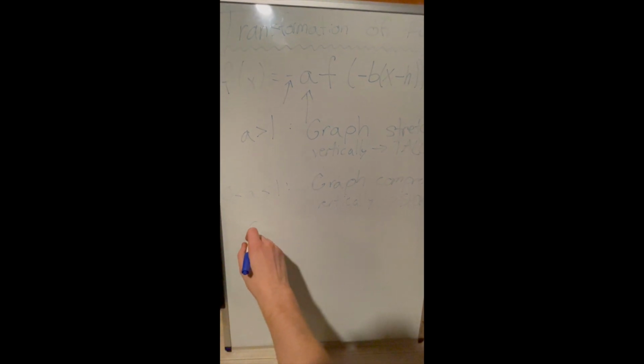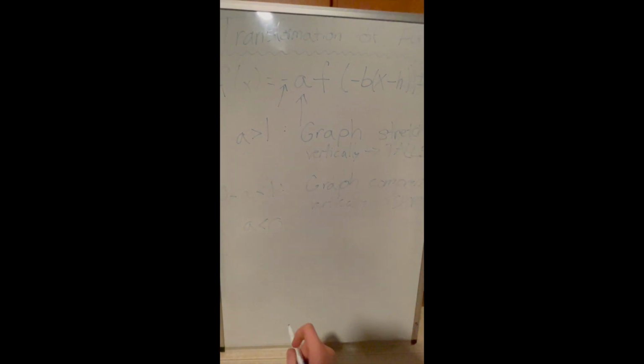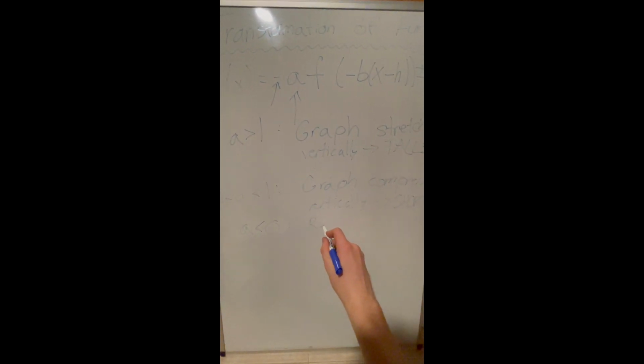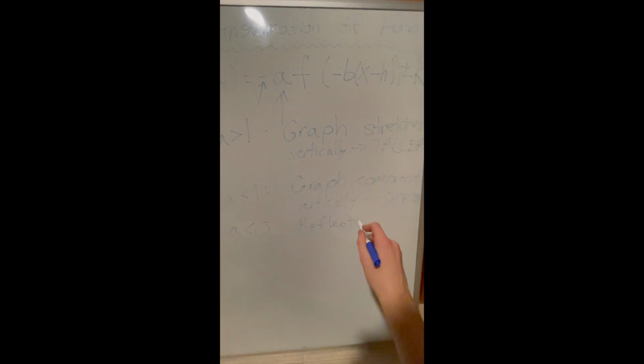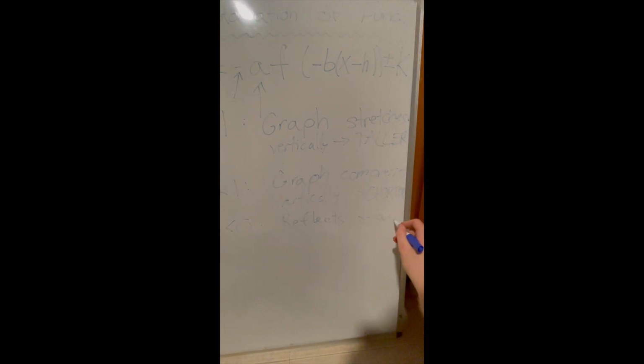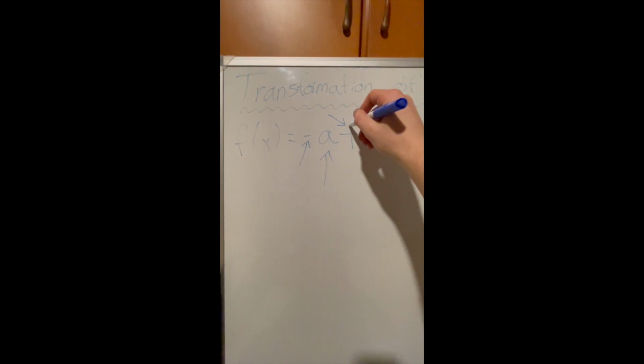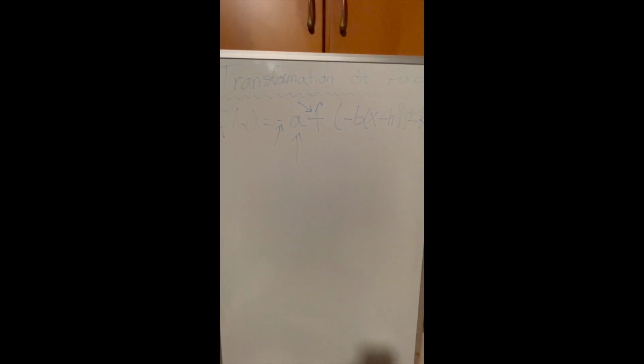And if a is smaller than 0, like when it is negative, it just reflects on the x-axis. The f we see here is simply to define our function.